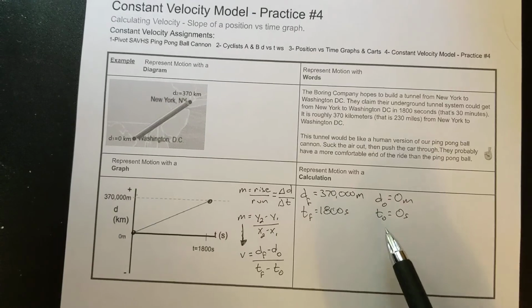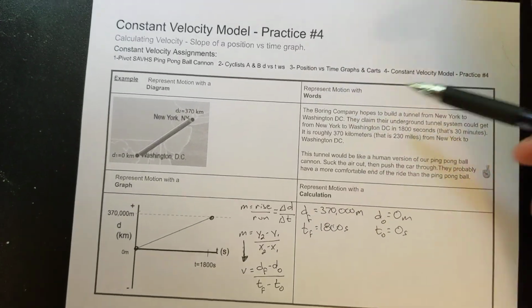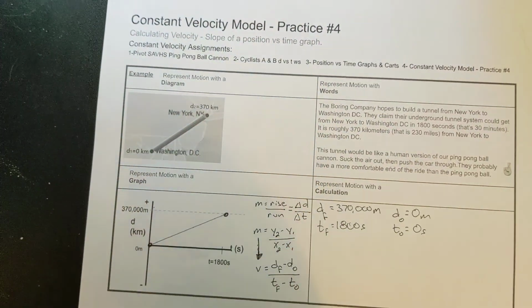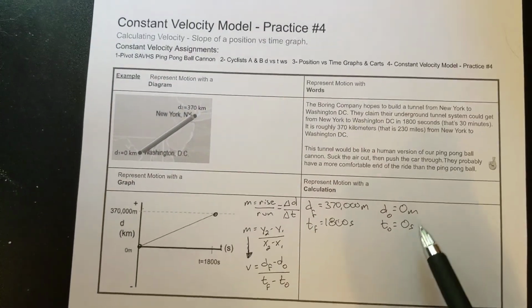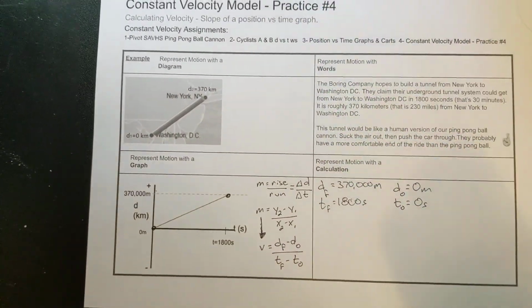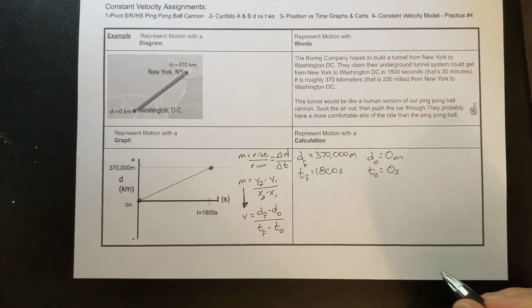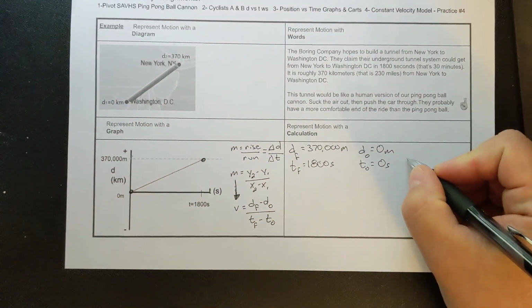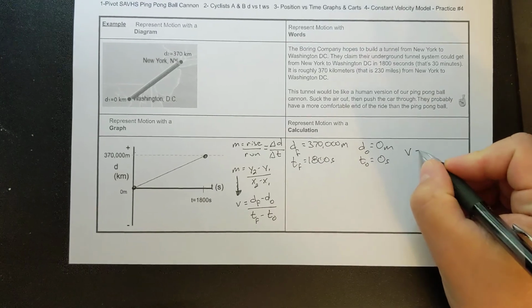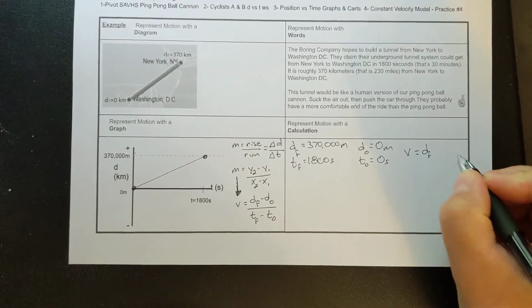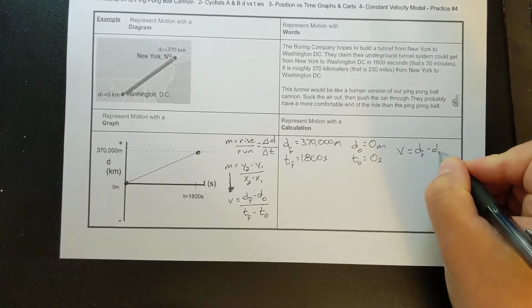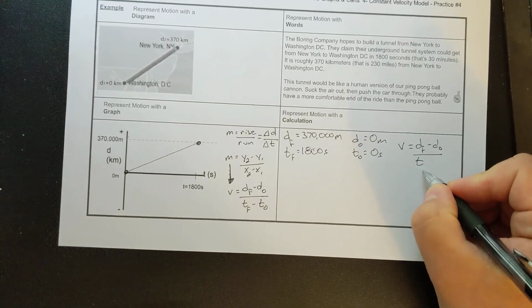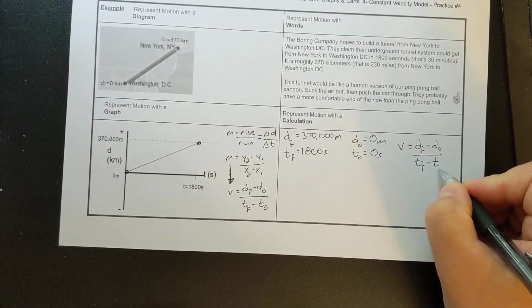Your brain doesn't have to go through and read this text or try to find different things. It's all written down right here, a one-stop shop. So we have these things as our given information, and our equation is v equals df minus do over tf minus to.